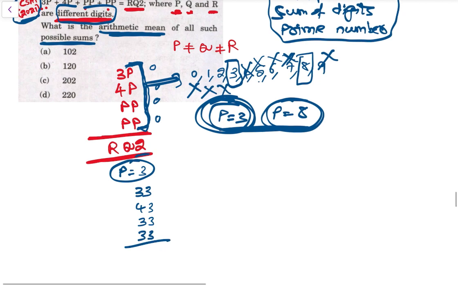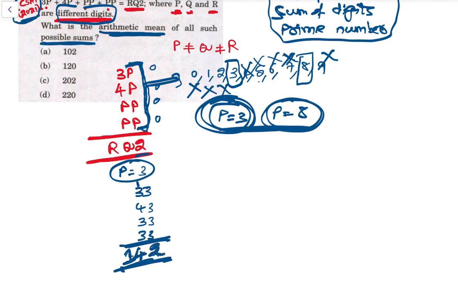So if we add, 4 3s are 12, 1 carry, and 3 plus 3 is 6, 10 and 14, that is 142. So 142 is the answer.